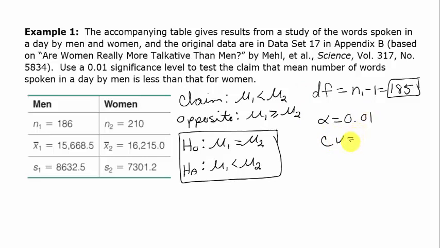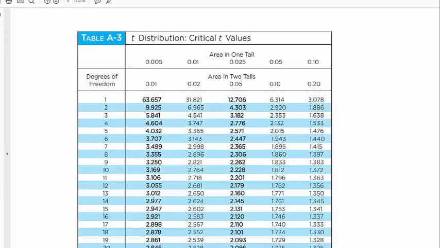In order to find the critical value, we'll need our alpha level. It's 0.01. We have a left-tailed test. That means our critical value is going to be negative. And we're using the t-distribution, so we'll need to pull up our t-table. So here's our t-table. We had a significance level of 0.01, and that's in one tail because we had a left-tailed test.